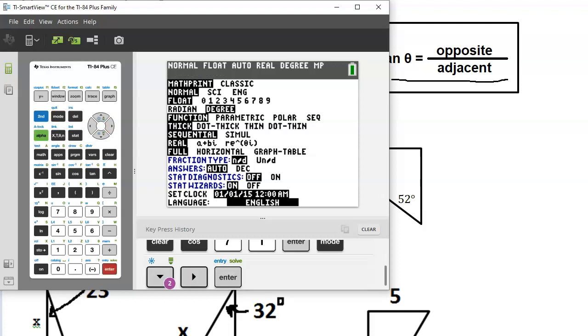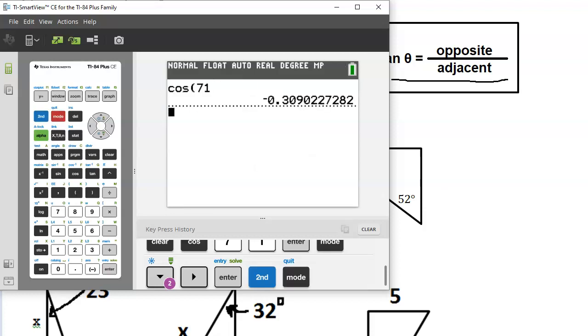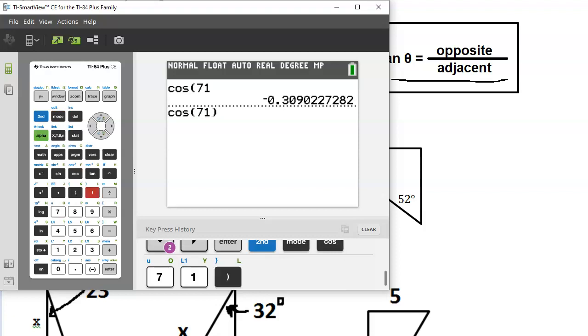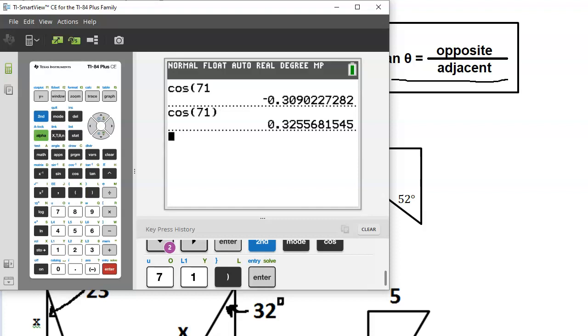You need to go in your settings, wherever your settings are on your calculator, and you need to change to degree mode. Okay, so on this calculator, all you have to do is go down, highlight the word degree, and then hit enter, and then quit, and you're good to go. Watch what happens if you type in cosine of 71 now. Gives you a positive number.